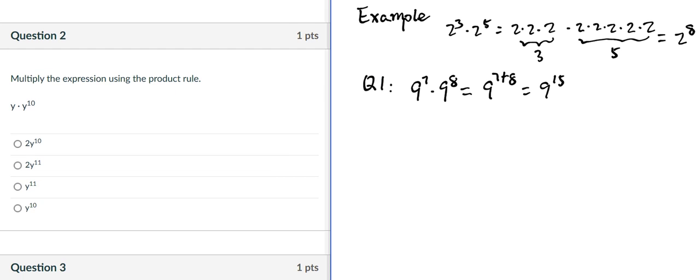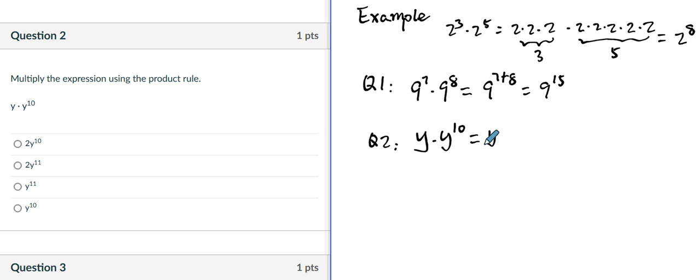Then how about the second one? The second one, remember y times y to the 10th. Y stands for any number. If here is, let's say, 9, here will be 9. If y stands for 2, then here will be 2.